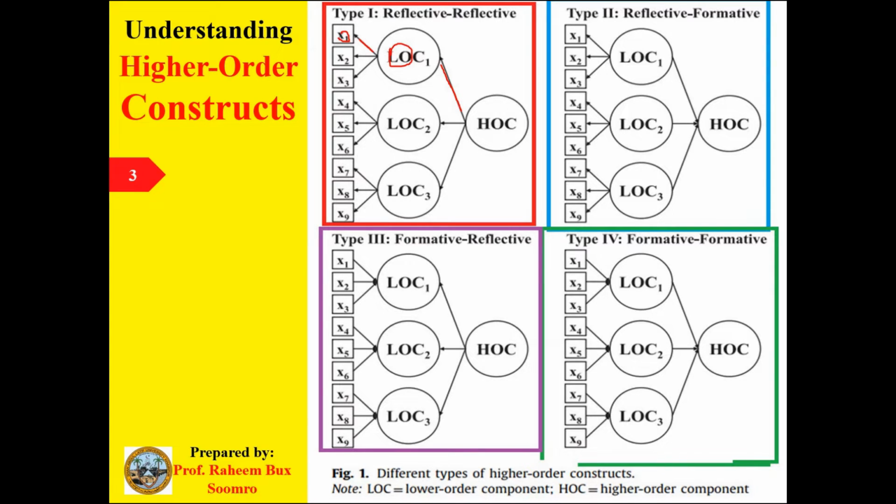And then if you look here, this arrow is coming from the LOC to the HOC. So that's why it is called reflective-formative. Here, both the LOC and the HOC are formative. And here these are formative and this one is reflective.